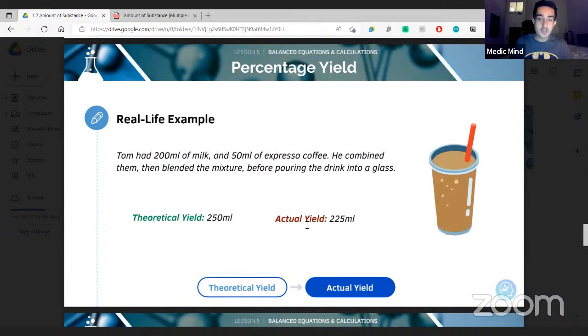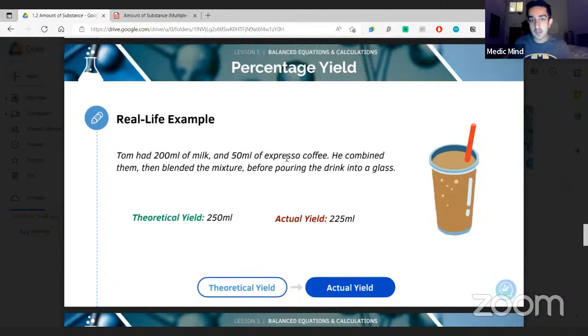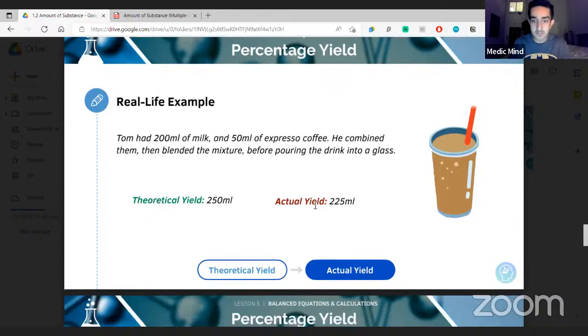For example, if we had 200 milliliters of milk and 50 mils of espresso coffee, you combine them and blend the mixture before pouring the drink into a glass. You would expect to produce 250 mil, but actually you're going to produce slightly less, because as you're blending it, some of the yield is going to disappear.